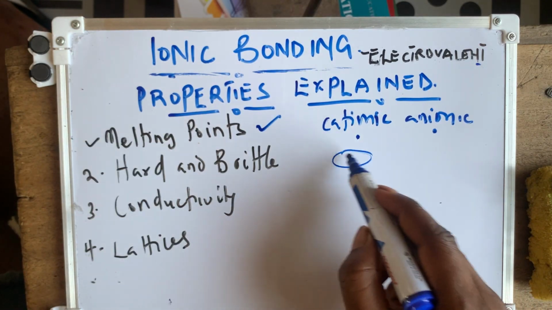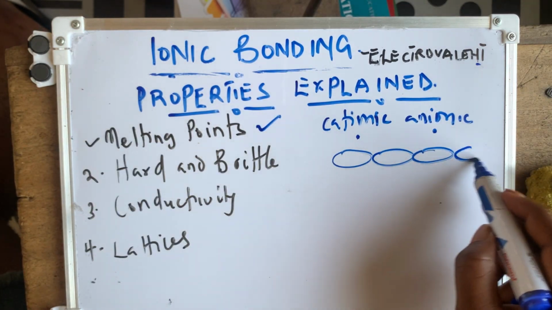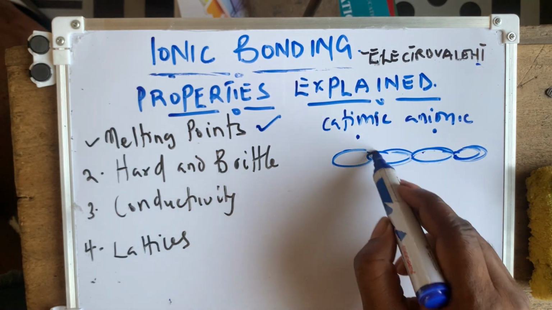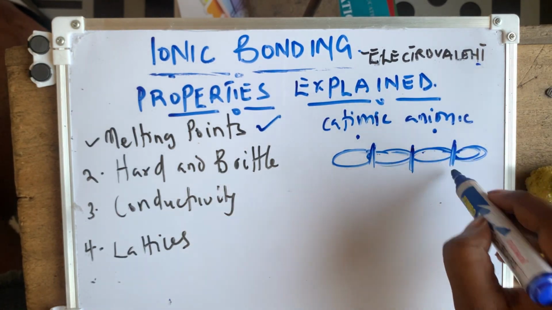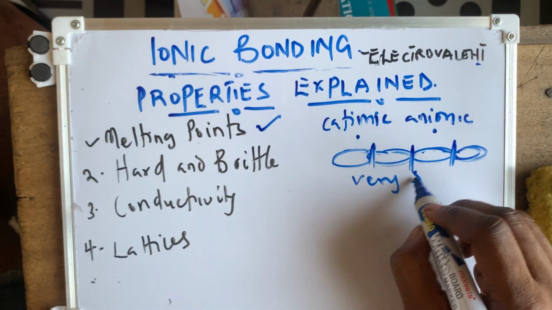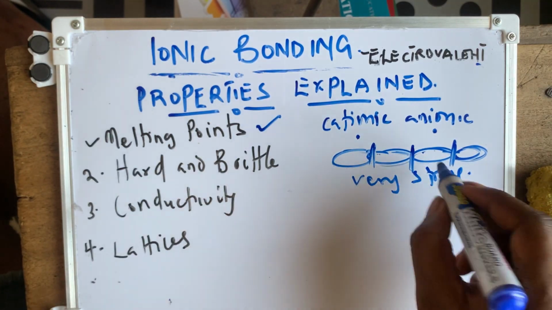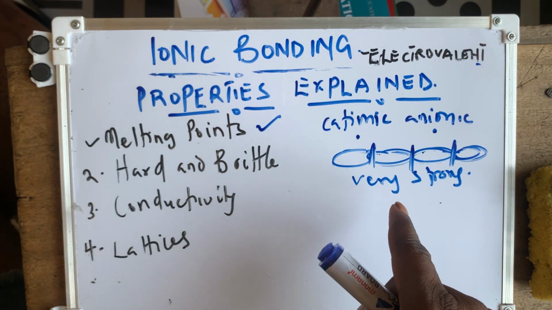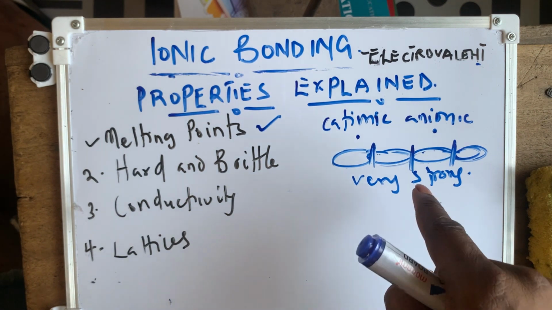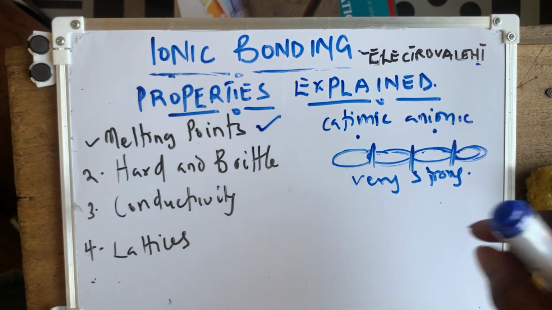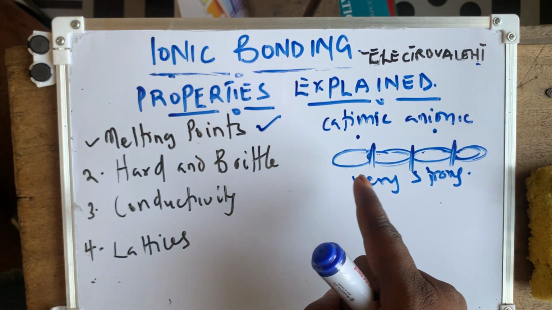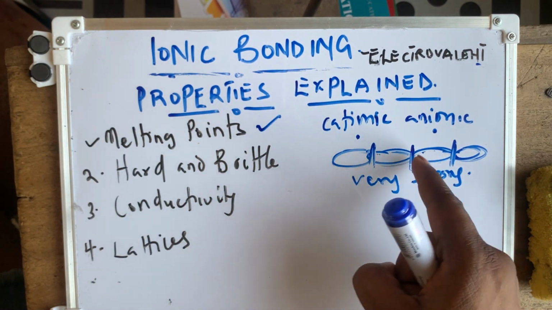So when the bonds are formed, there are crystal formations, and these crystal formations over here are very, very strong. Now, the process of melting an ionic compound requires the addition of a large amount of energy to break all the ionic bonds.